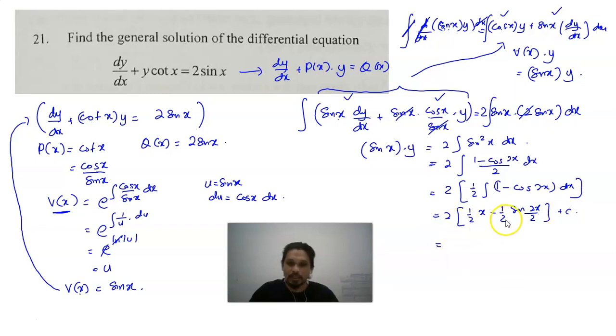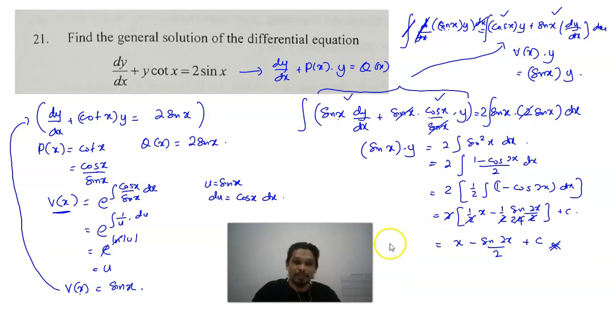So 2 divided by 2 equals 1, x, and 2 divided by 4 equals 1 over 2, so minus sine 2x divided by 2 plus c.